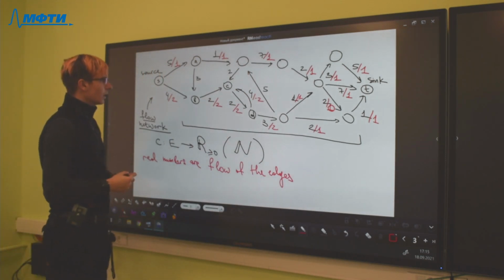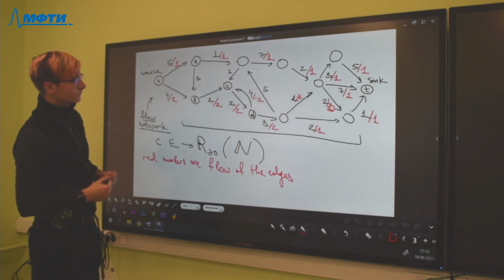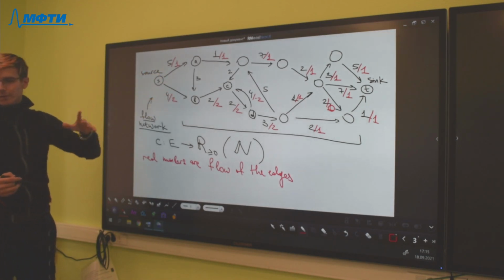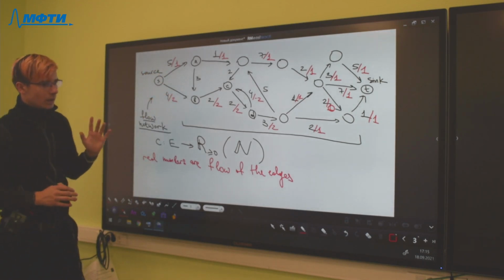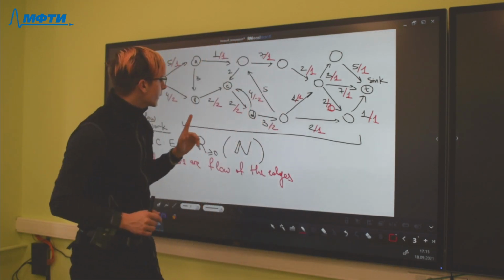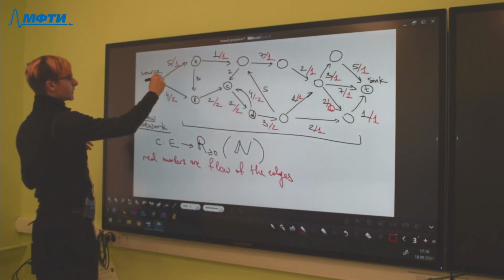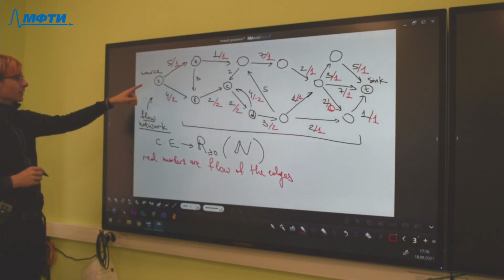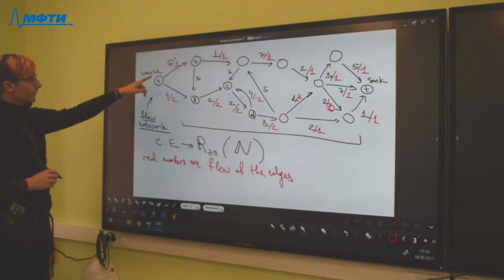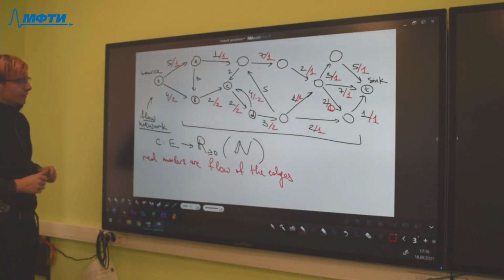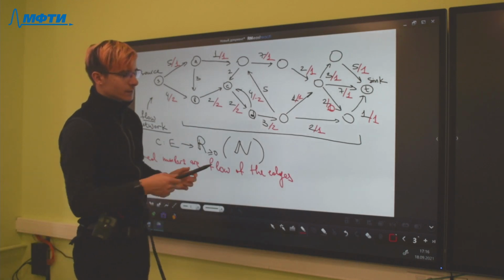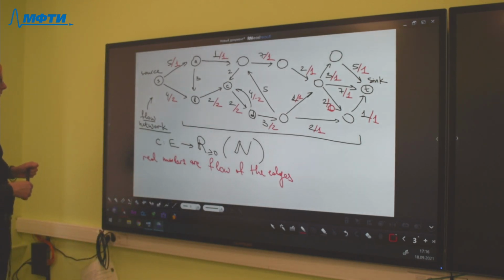And black numbers are equal to capacities, okay? So if we sum the flow of the edges that go out from the source, it's equal to 3, and that is the value of a flow. We say that the value of a flow is the sum of the flow leaving the source.